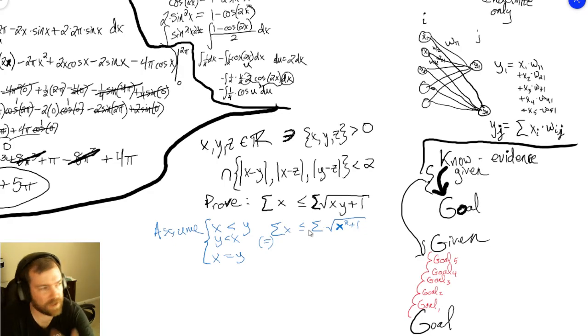Okay, so in this particular case, you can just say that individually, square root of x squared is going to be less than or equal to square root of x squared plus 1, and therefore the sum of all square roots of x squared are less than or equal to the sum of all square roots of x squared plus 1. So yeah, you got that one.